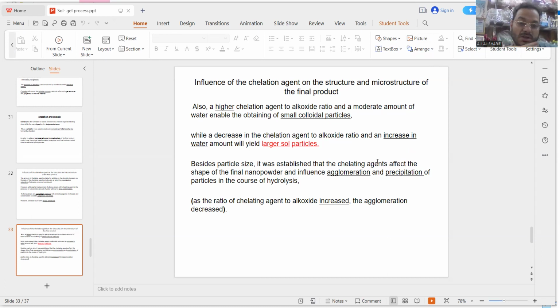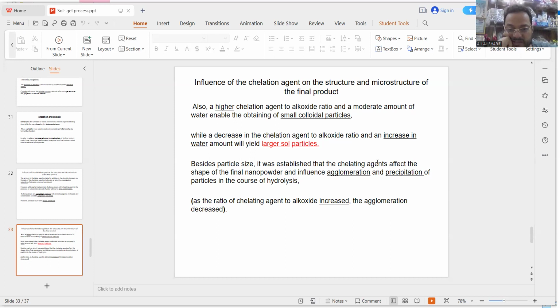When we decrease this amount of gelation agent, larger particles will form. That means there is a reverse relation between the gelation agent and the particle size.